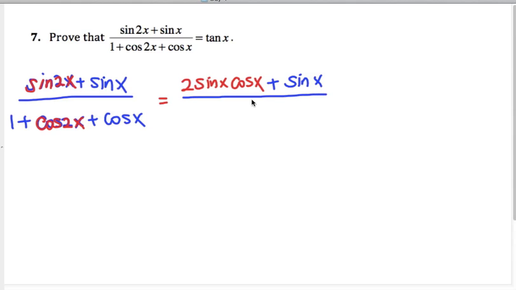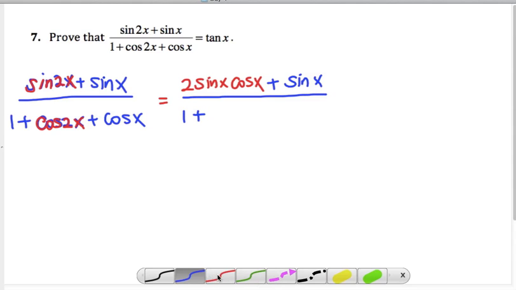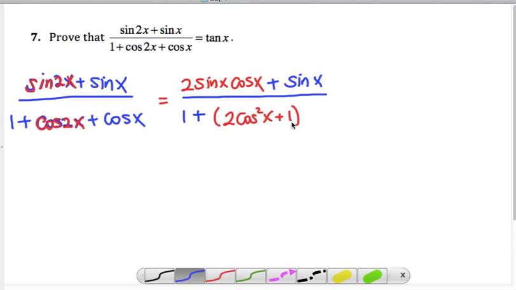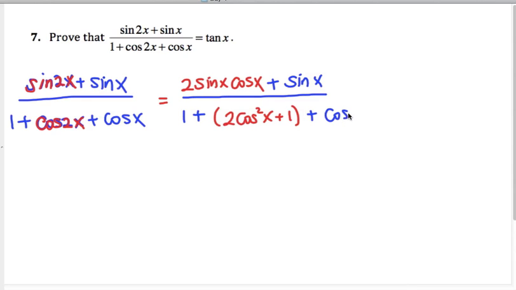Over 1 plus... Now I have to make a decision. I have 3 options to change it, but there's a 1 and there's a cosine x in the denominator, so I just want to keep it all cosine. That means I'm going to change it to 2 cosine squared x minus 1, and then plus cosine x.